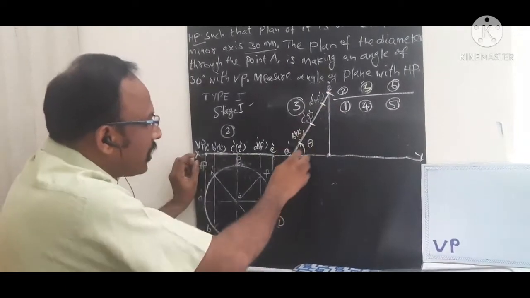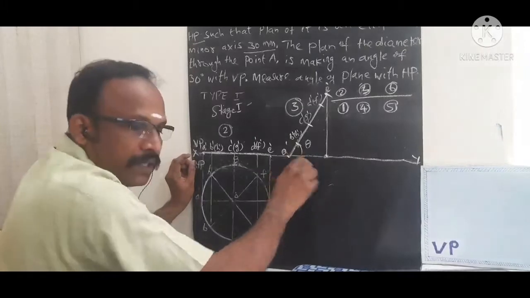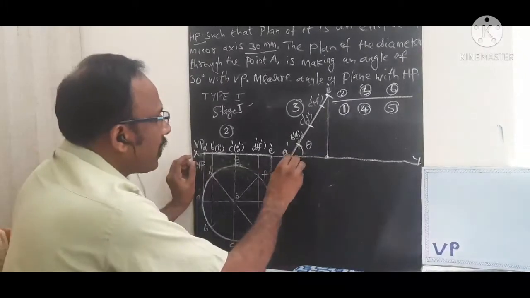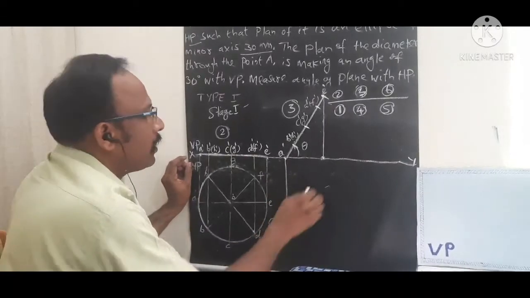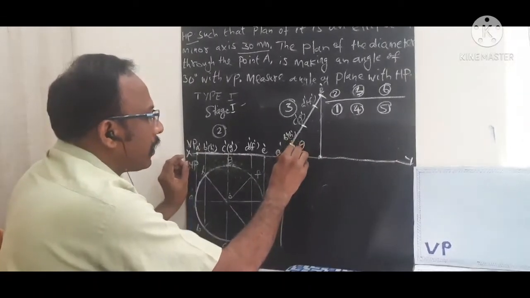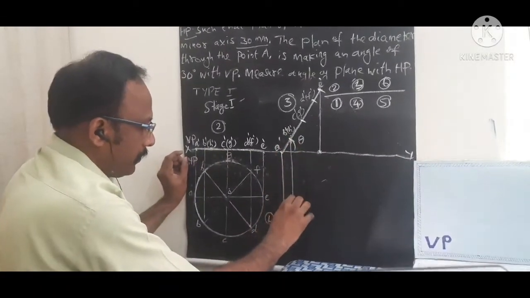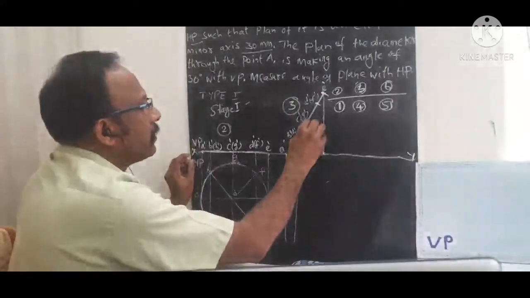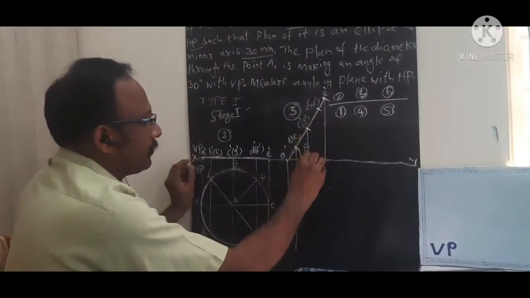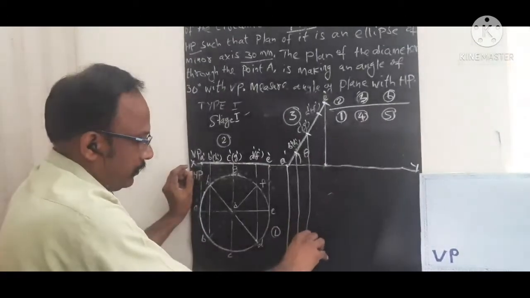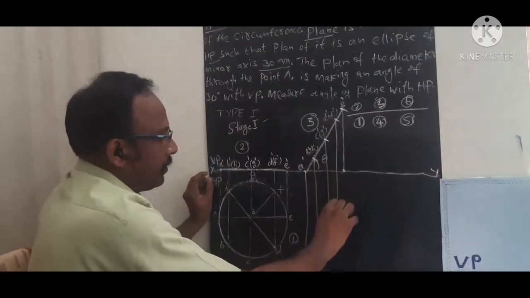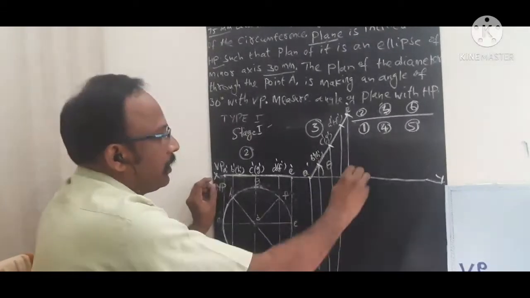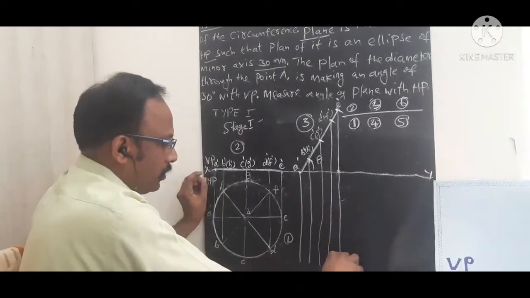Now you draw vertical lines from all these points with lighter lines. First draw one vertical line, another vertical line, and another vertical line from this particular point, then the next vertical line through these points.